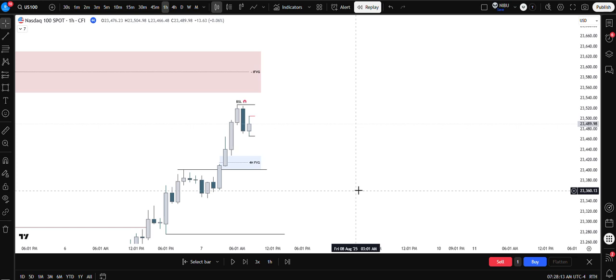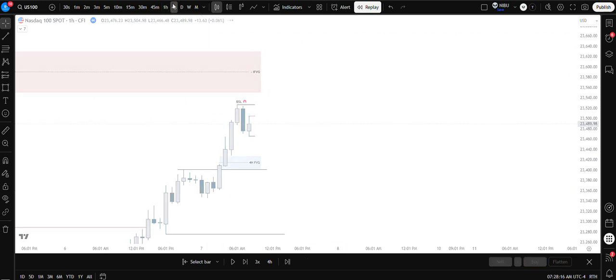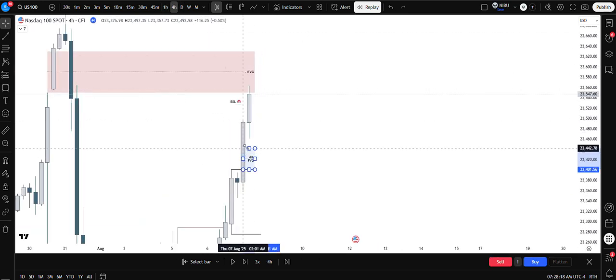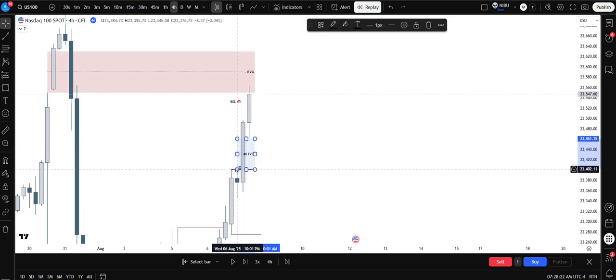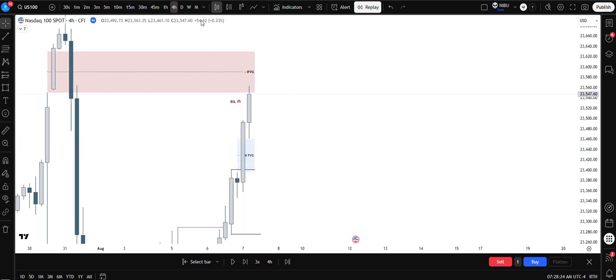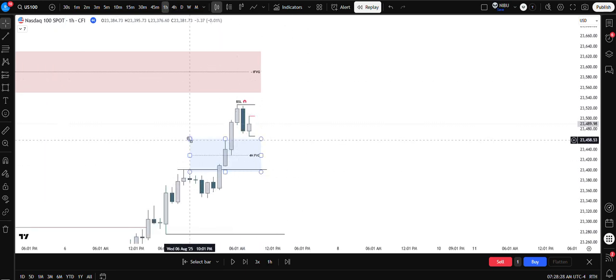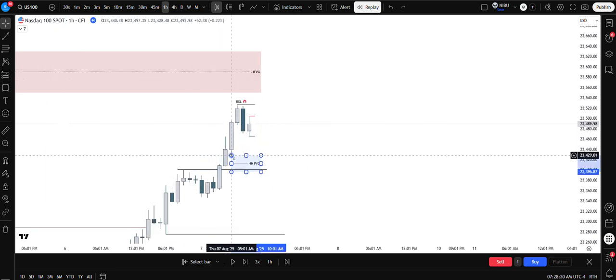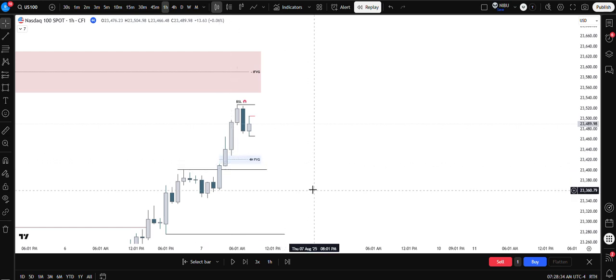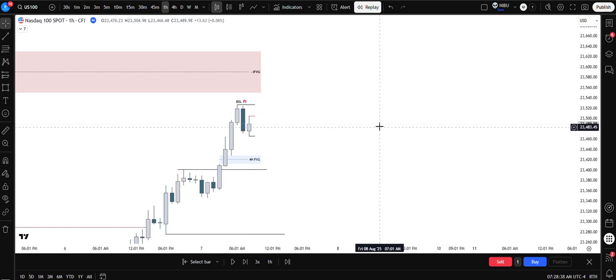And here we had a 4 hour FVG, and in the same place if we move to 1 hour we had a 1 hour FVG here. So I just marked all these things.